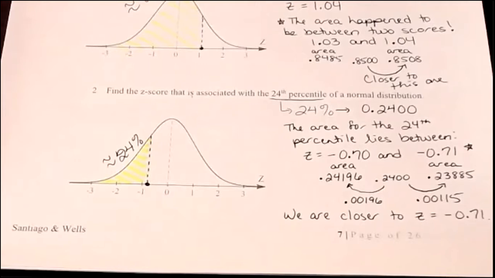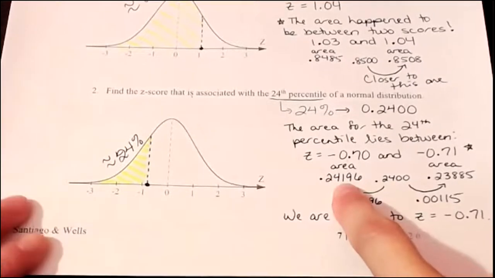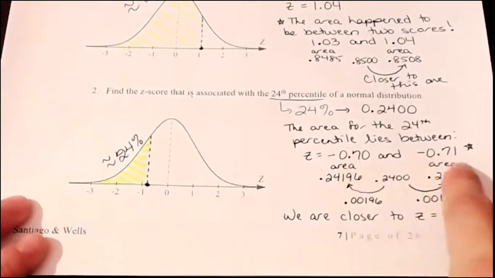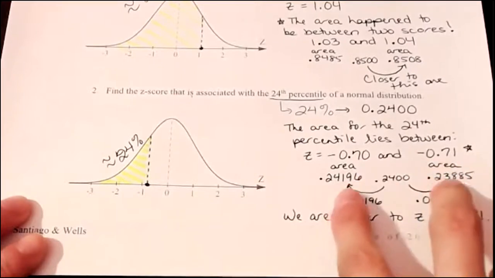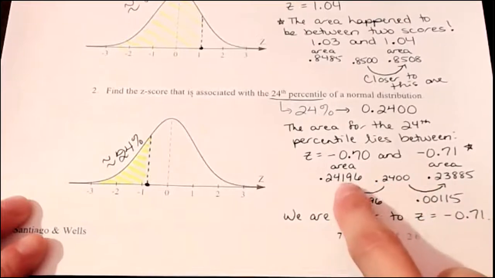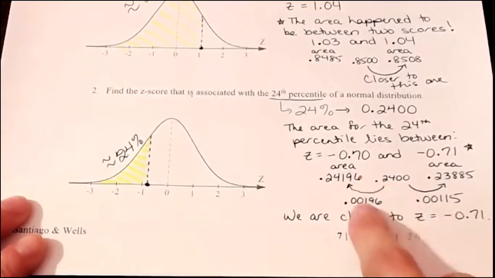I have a question because I was writing. I didn't see what you subtracted when you did your subtraction. So what I ended up doing was I wrote down below each z-score what their respective areas were, because we know we're trying to figure out which one we're closest to. Yeah. So in order to figure out the distance from 2400, I just subtracted these values to figure out that separation.